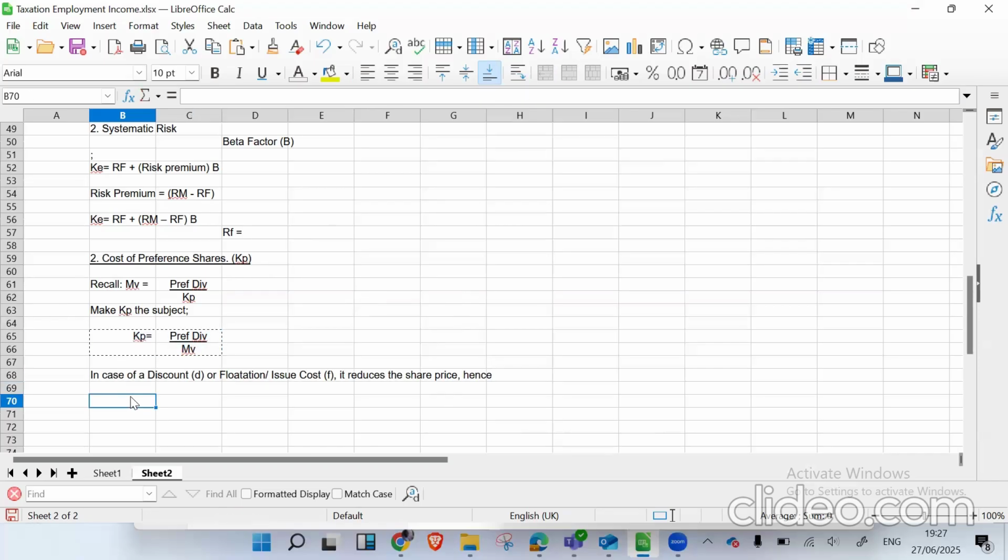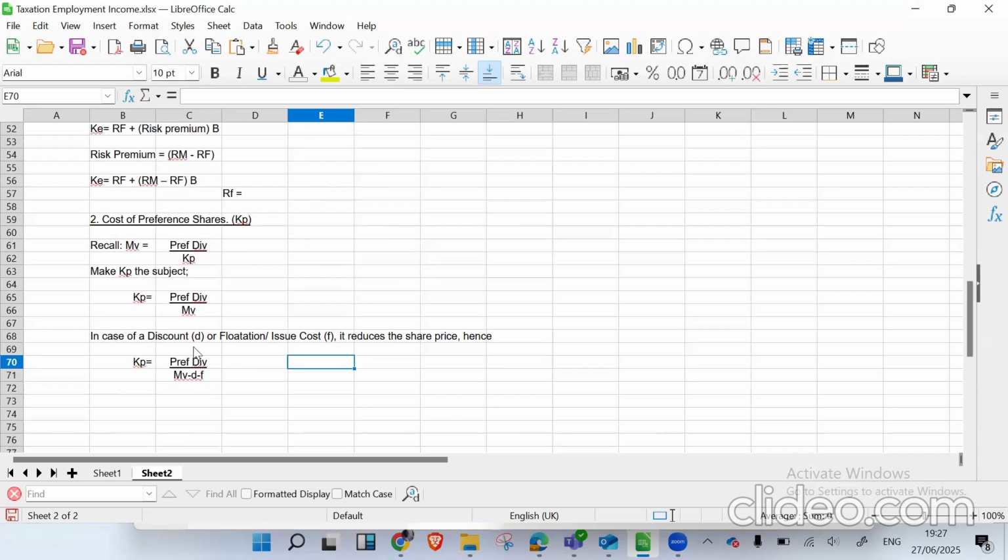So kama tuko na discount ama flotation cost, ita reduce the share price. So KP would be equals to preference dividends over the market value minus the discount if there is any, minus the flotation cost. So simple as that. So we are borrowing from the concept of valuation, tunaileta hapa kwa cost of capital.